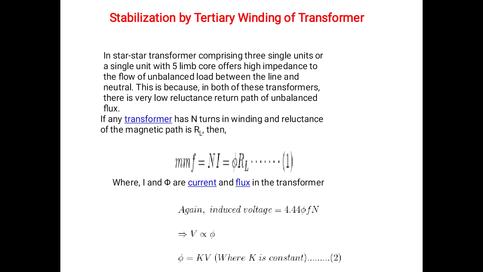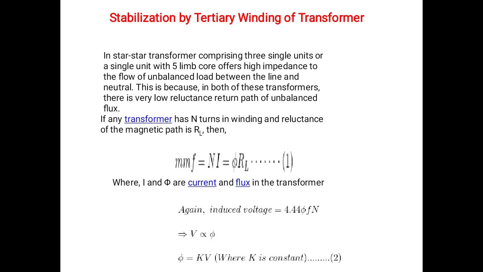So if any transformer has N turns in the winding and the reluctance of the magnetic path is Rn, then MMF is equal to Ni, which is equal to phi into Rn, because we know that MMF is equal to flux into reluctance, where I and phi are the current and flux in the transformer.